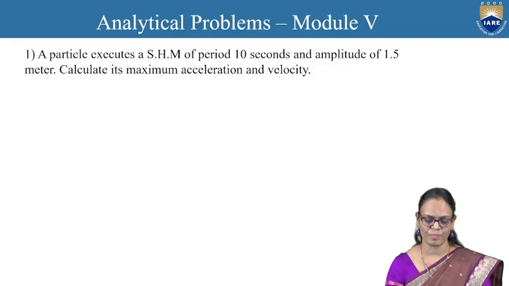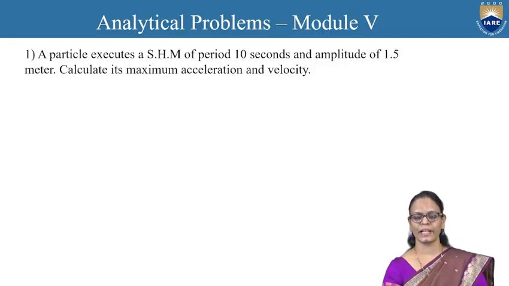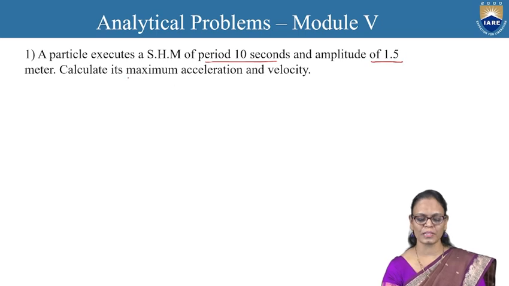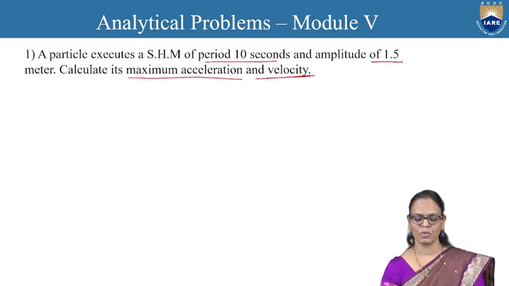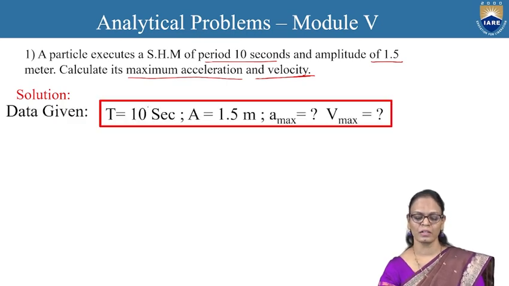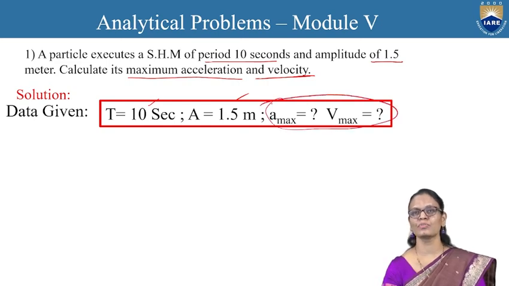So the first one, what is the data given? The time period is given. The amplitude is given. We have to find the maximum acceleration and maximum velocity. So first we will write the data given and what we have to find. These are the two things that we have to find. So which formula we are going to use?